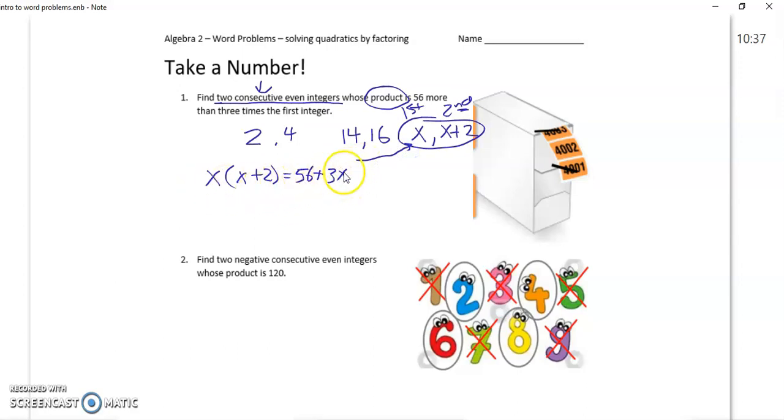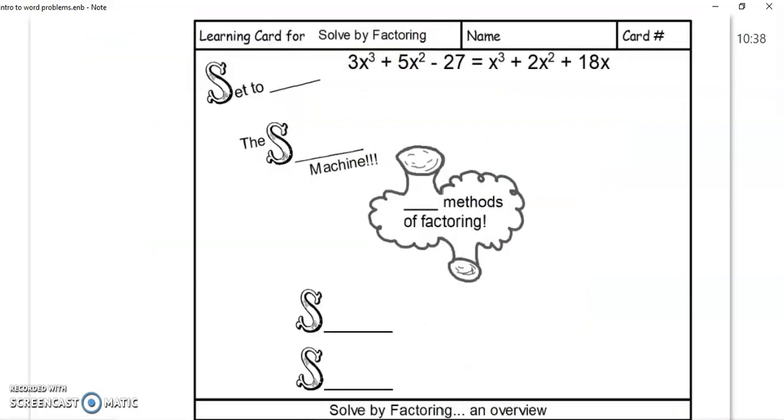Now to solve that, you may have to pause and rethink that, go back a little bit. But to solve this, I'm going to go back to this process we learned some time ago, which was when you have a very complicated expression like this, the first thing you need to do is set it to 0. Then I'm going to run it through what I call my factor machine.